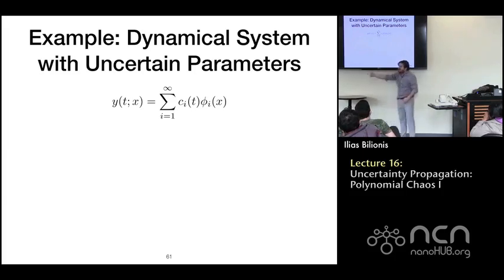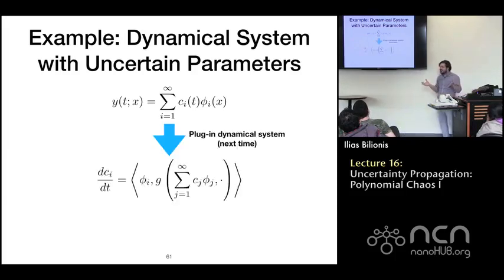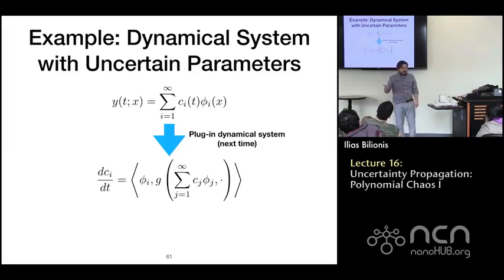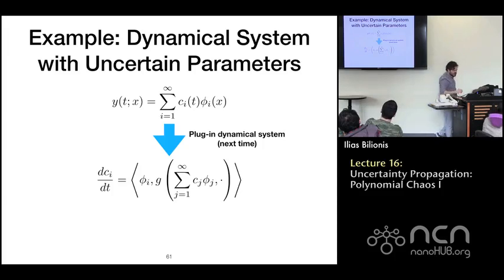If you take this and plug it into the differential equation, we'll see that next time, you get a differential equation for the coefficients. If you plug it into the initial conditions, you will get initial conditions for the coefficients.